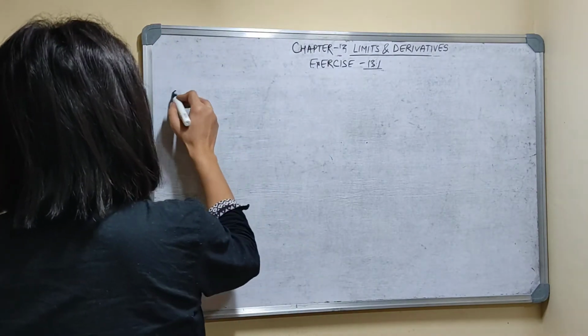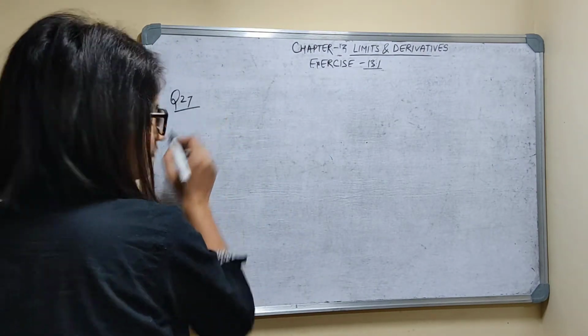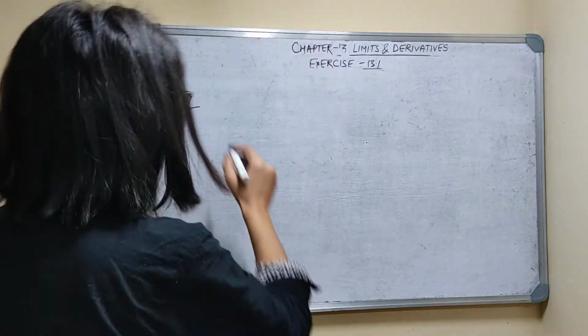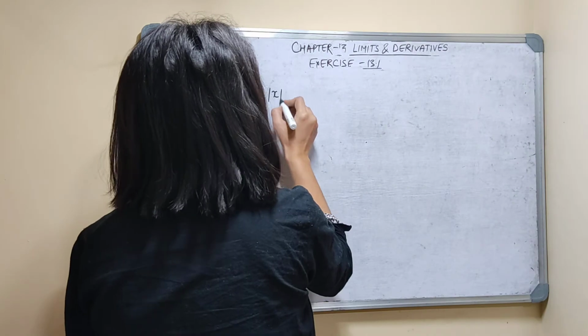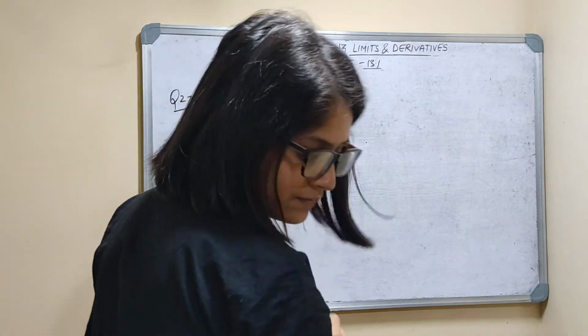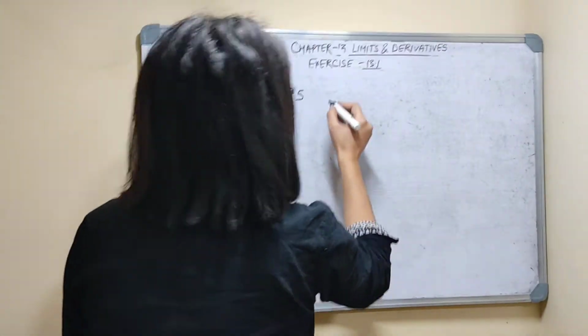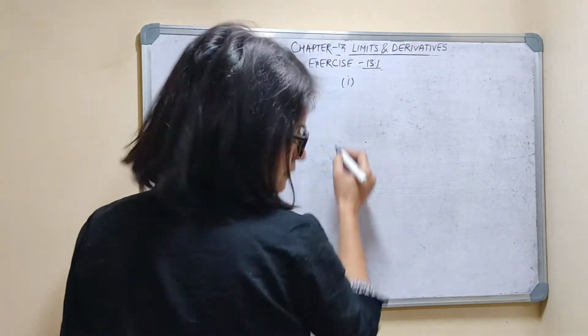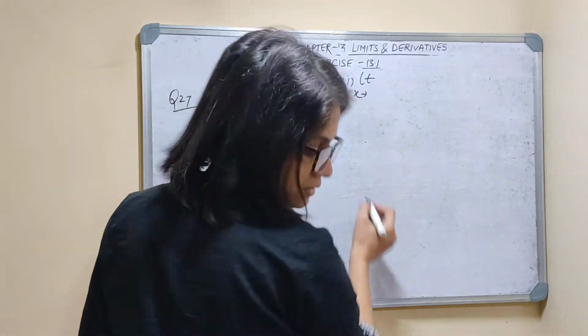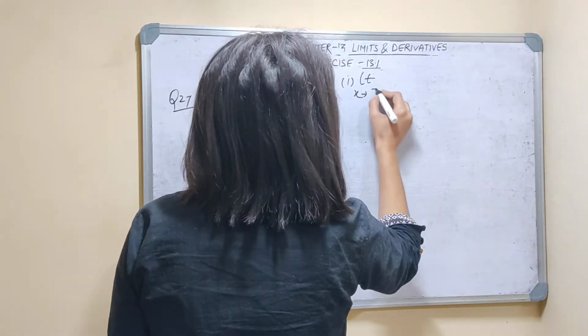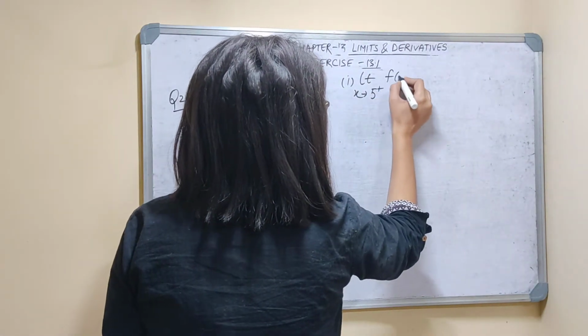Question number 27. If f(x) is equal to mod of x minus 5, evaluate the following limits. First part, limit x tends to 5 plus f of x.